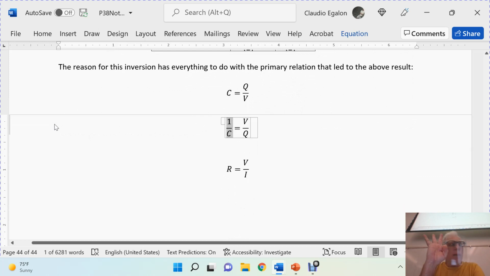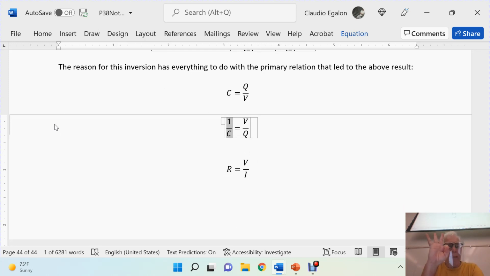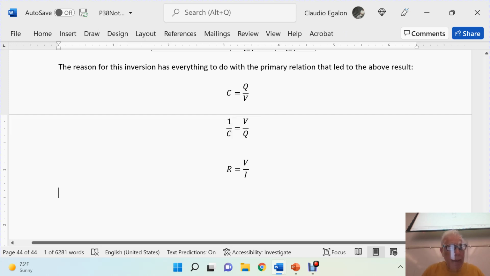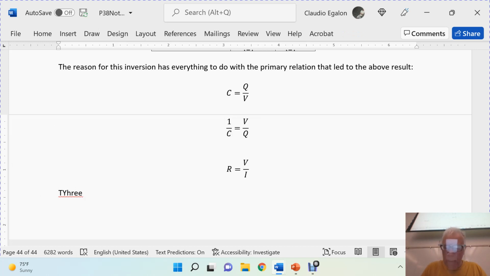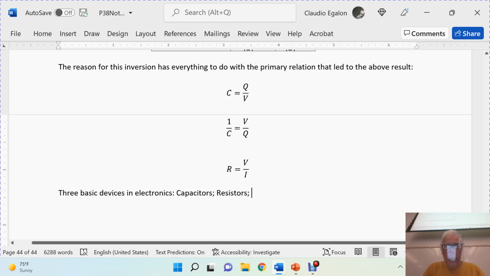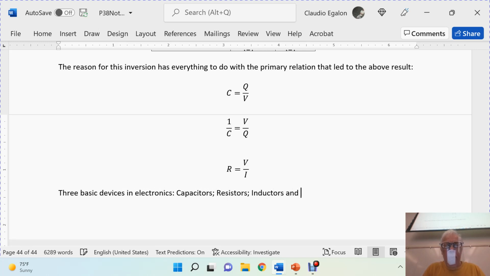And there is one more interesting thing, and that we are going to see later on. Remember that I told you there are three basic devices in electronics: capacitors, resistors, inductors, and transistors.